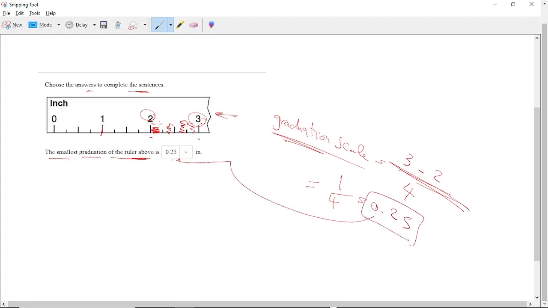So the smallest graduation here will be 0.25. So we'll move 0.25, 0.25, 0.25 until we reach 3.